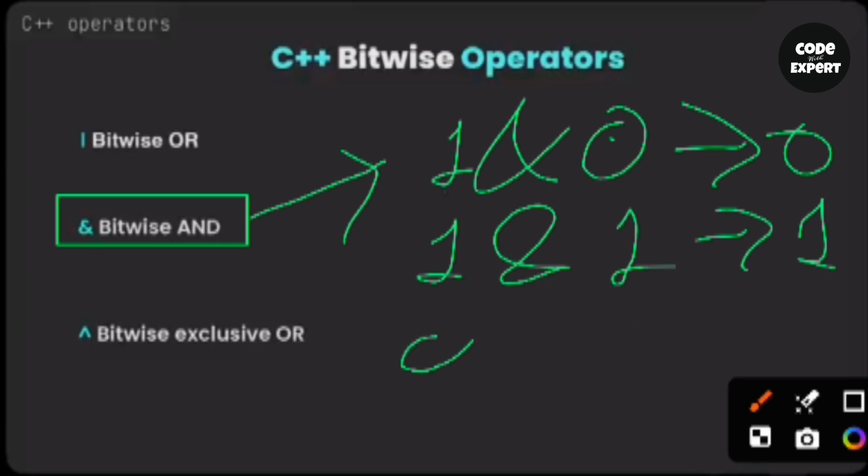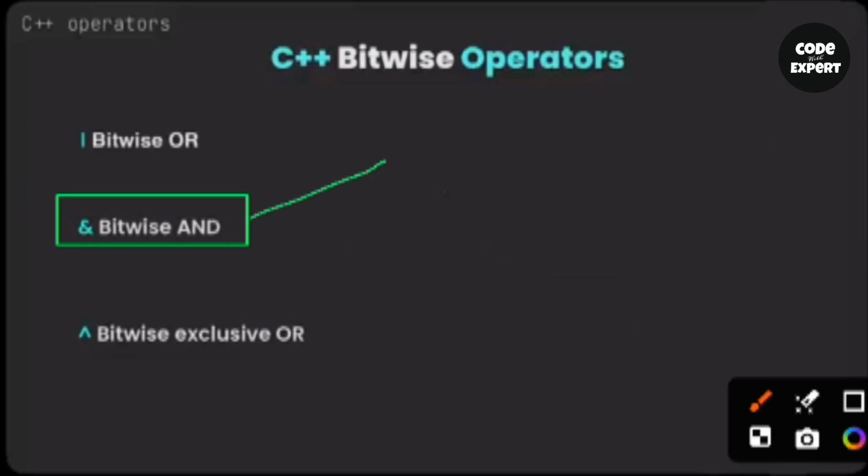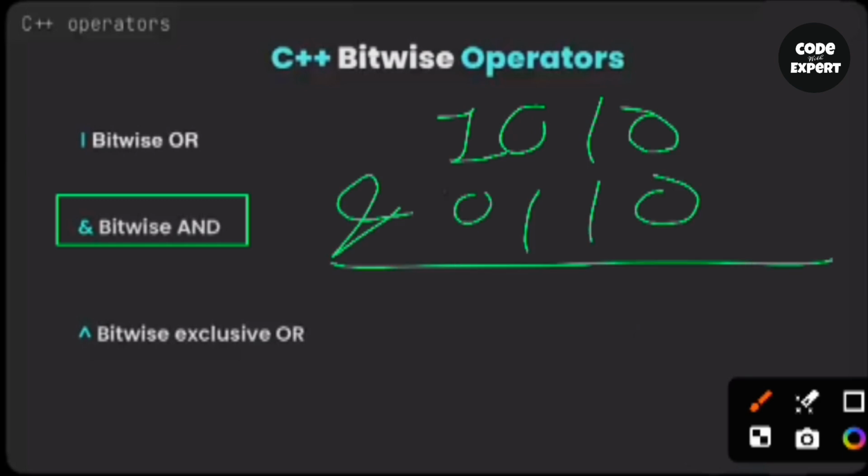If one of them is false, then it will give false. Okay, now let us do a simple question based upon this. If I write 0 1 0 1 0 and 0 1 1 0, what will be the answer? Here the operator used is AND, so if both statements are false, it will also give false. If both statements are true, then only it will give 1. If one of them is false, it will give false. So the answer by using bitwise AND between these two is this.